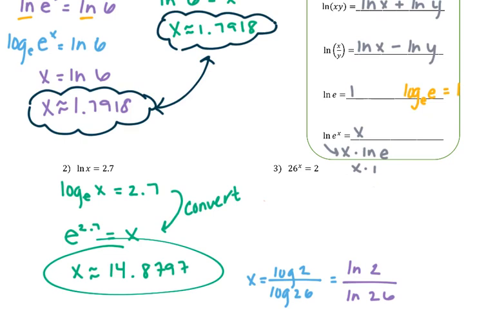The other way that you can do this problem is you can just convert. Let's say I were to take this and convert it to a logarithm. I would have log base 26 of 2 equals x.